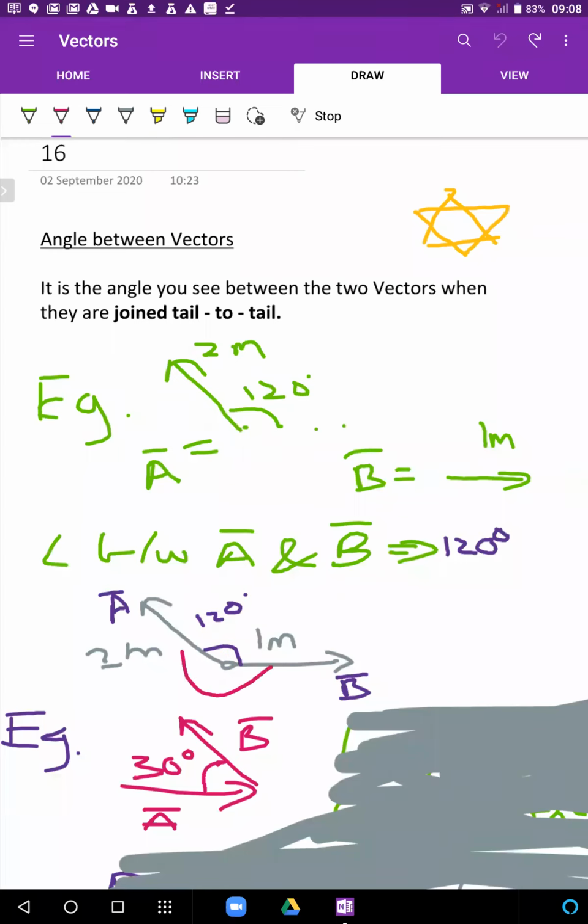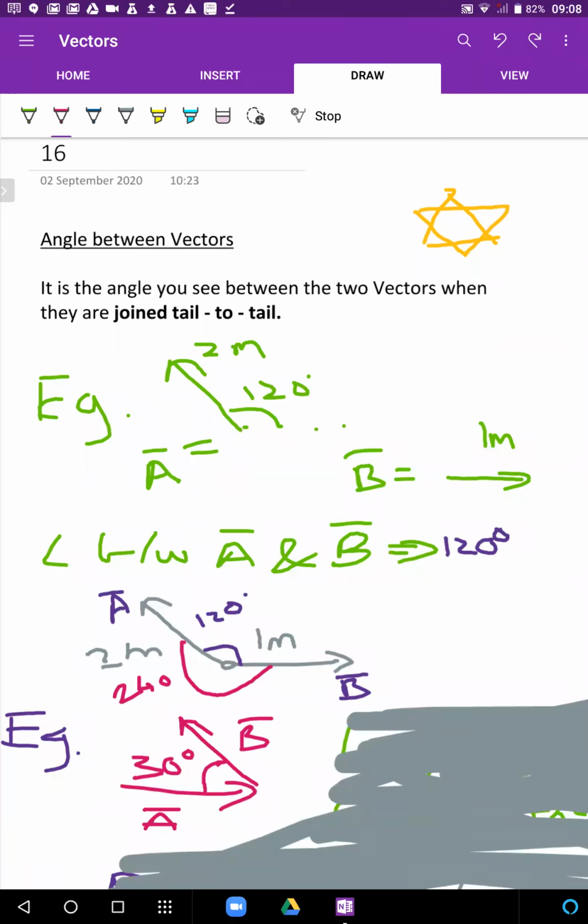This also represents the same thing. है ना? The bigger angle is also technically correct. 240 degrees भी. That is also the angle you see when they are joined tail to tail. The only thing is, if you have to report one answer, people normally prefer the smaller answer. 120 degrees is what is normally reported.